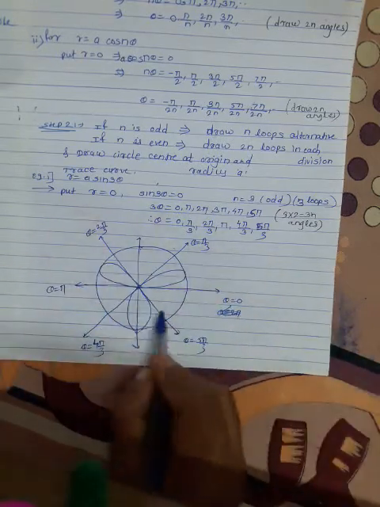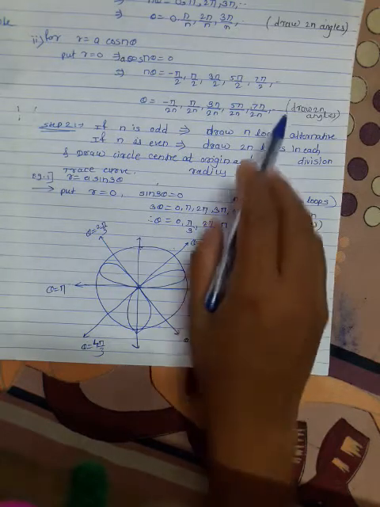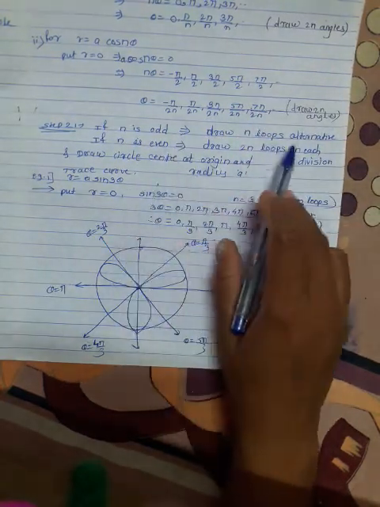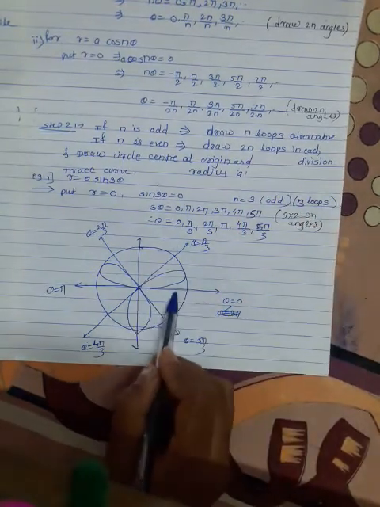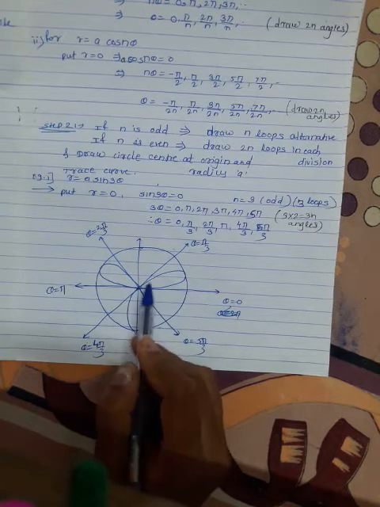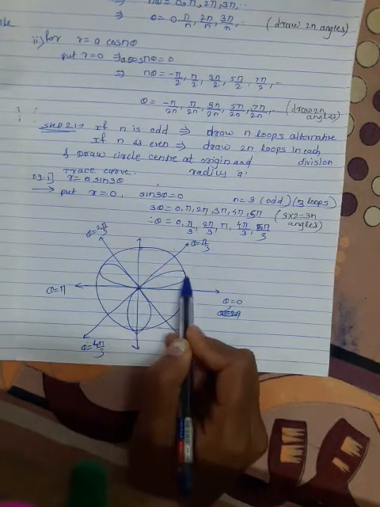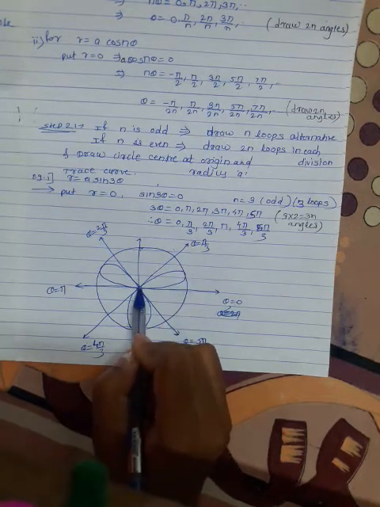Now draw 3 loops alternately. If n is odd, draw 3 loops in alternate divisions. Start from the angle theta equal to 0, and put the loops in each section. This is the loop. You have to touch this loop at this circle and start from the origin.